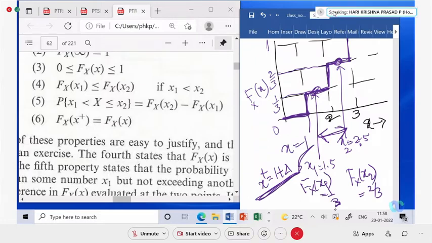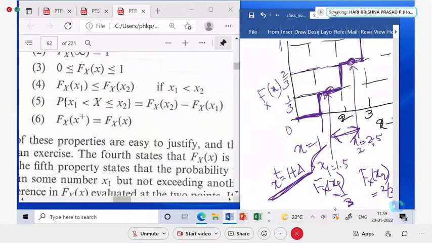So the value of the distribution function at exactly capital X equal to small x is the same as the value at small x plus a small increment, which doesn't include any possible outcome of the experiment.